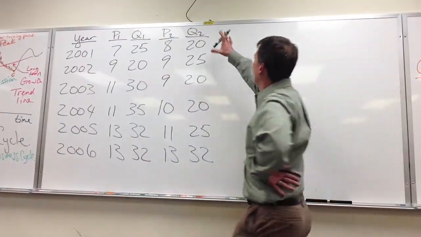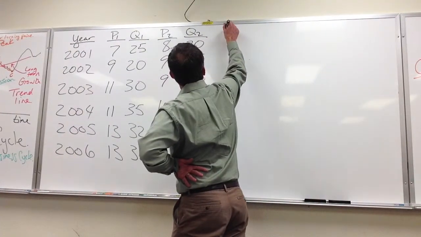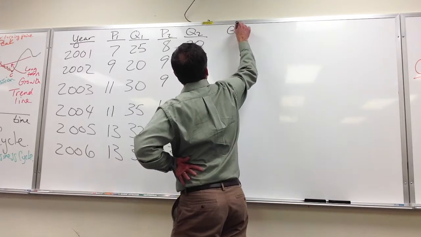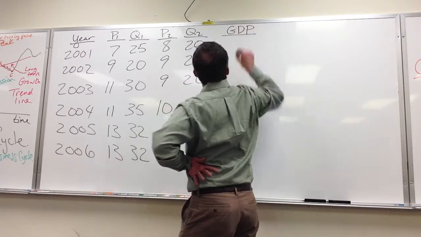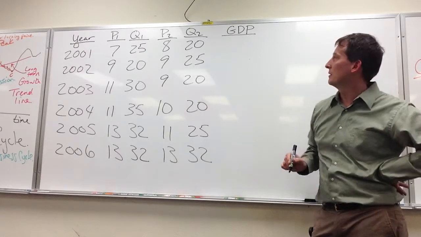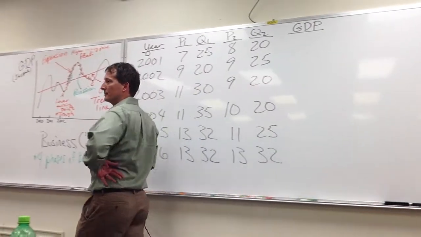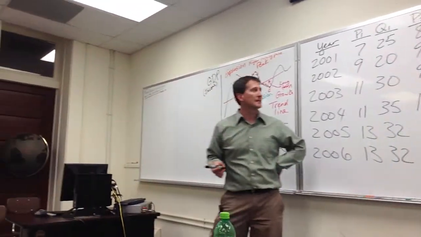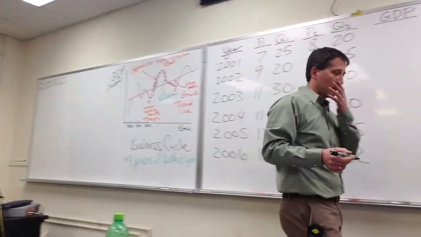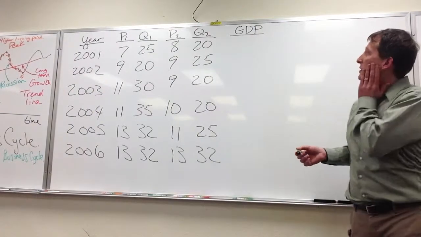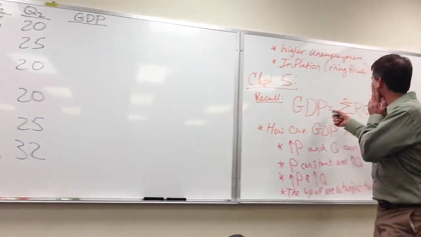Okay, we've got enough information then. If we have a simple economy, calculate GDP for each year. So pull out your calculators if you got them. Work with your neighbor if you're a bit confused. We're following this formula.